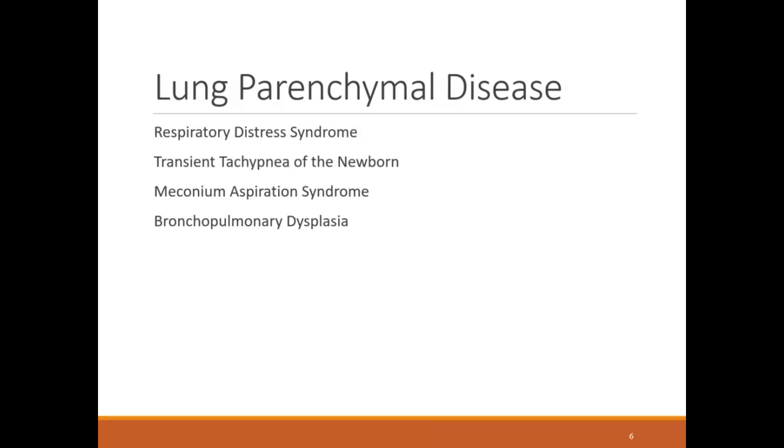We'll also discuss in this section transient tachypnea of the newborn, which usually is due to leftover fluid in the lungs that the baby has to work out before their breathing can become normalized. Meconium aspiration syndrome, and then bronchopulmonary dysplasia, which is a long-term or chronic change to the lung tissue that will affect the patient as they age.